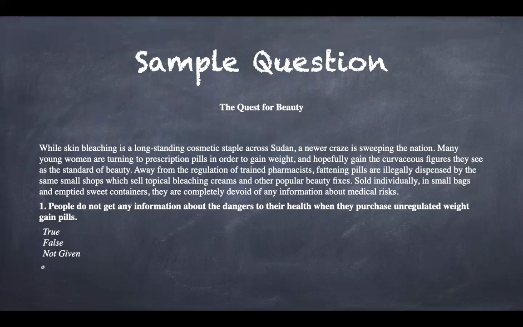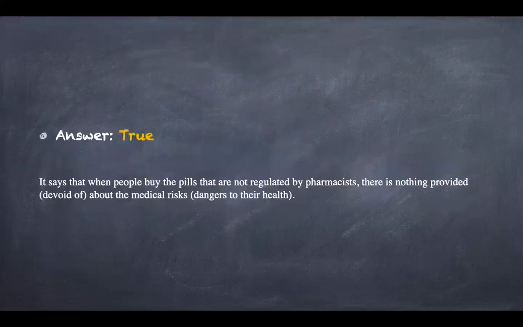Do not get any information is devoid of any information. Dangers to their health is basically medical risk. Purchase unregulated weight gain pills is sold individually in small bags and emptied sweet containers. So the statement says exactly what the passage is also saying. Hence your answer is clearly true.